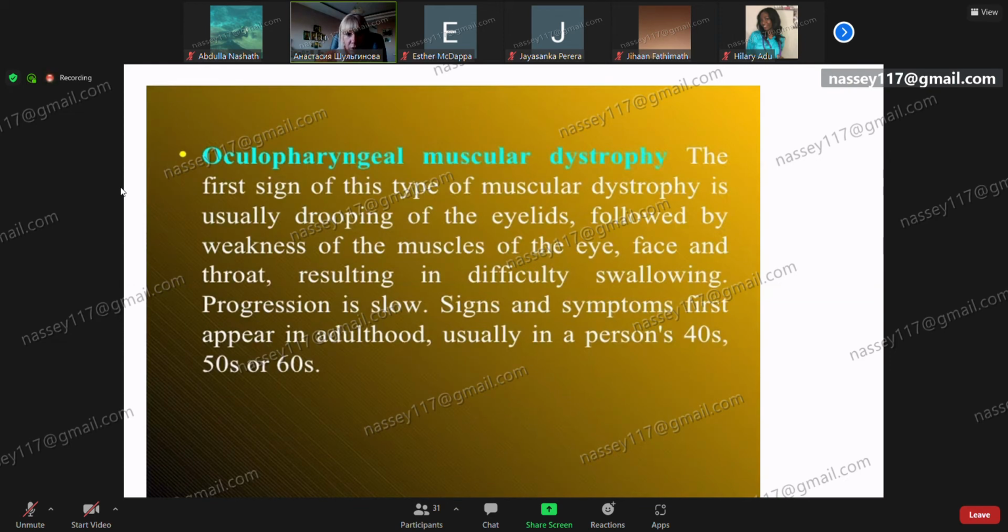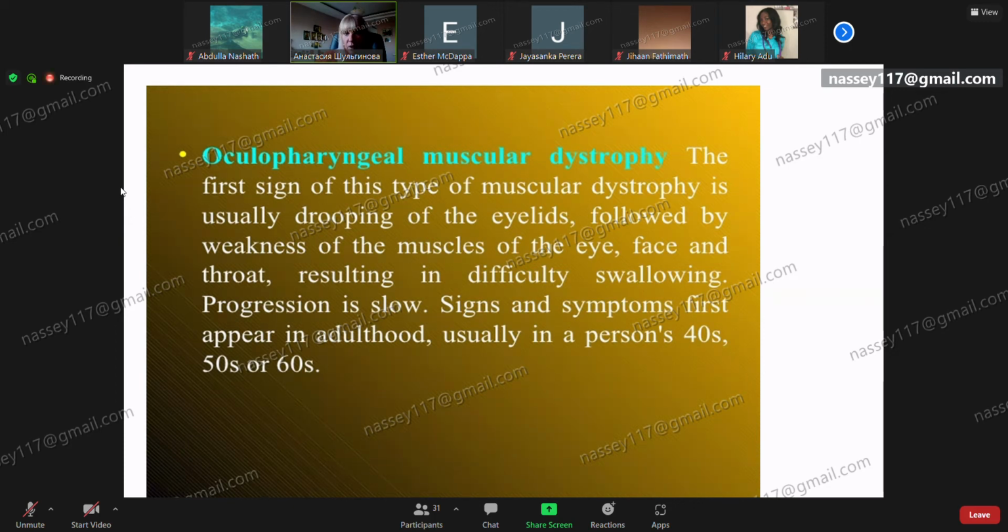Signs and symptoms appear in adulthood, usually in a person in the period of 40, 50, and 60 years. In this variant we said the involved muscle groups are the eye, face, throat, and dysphagia.